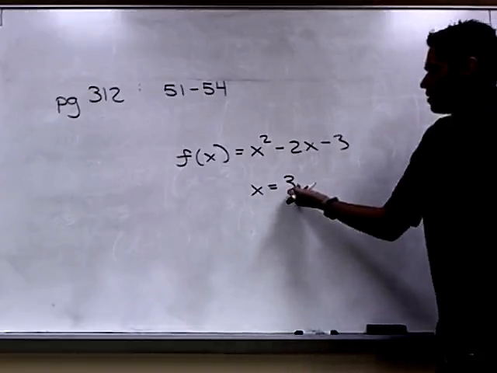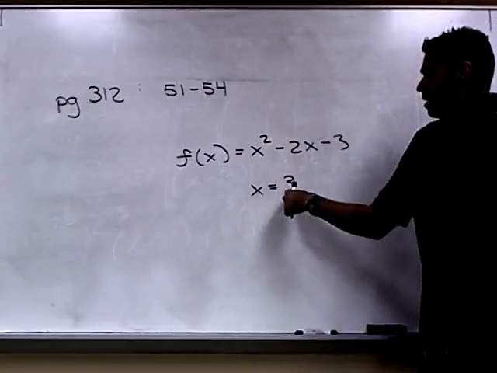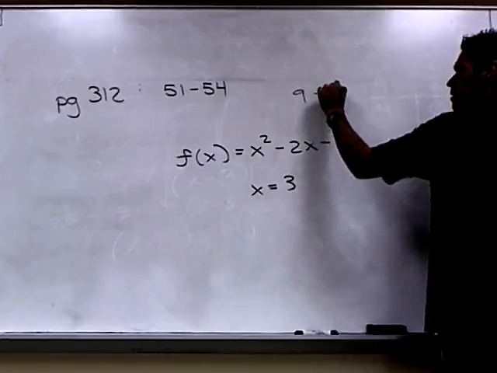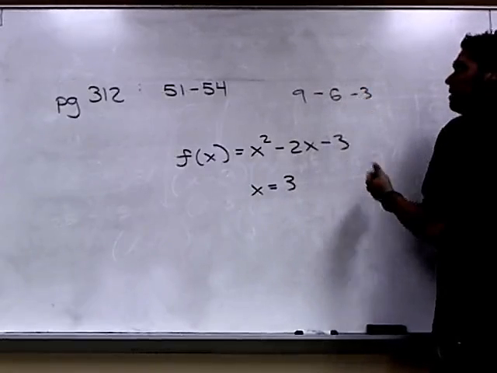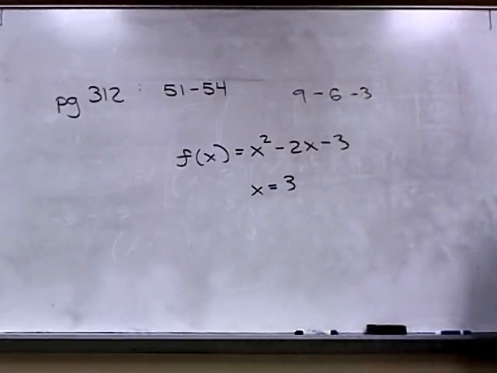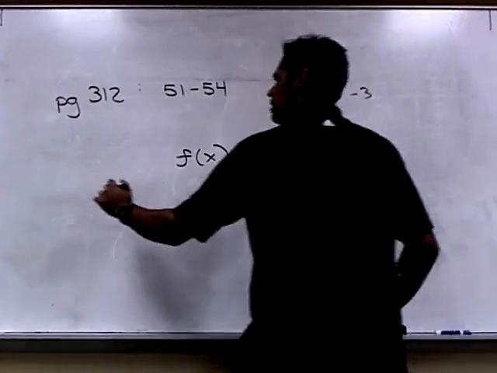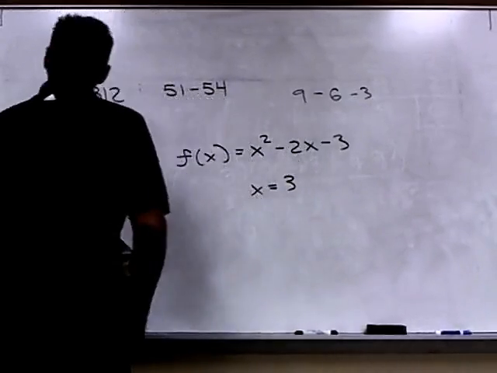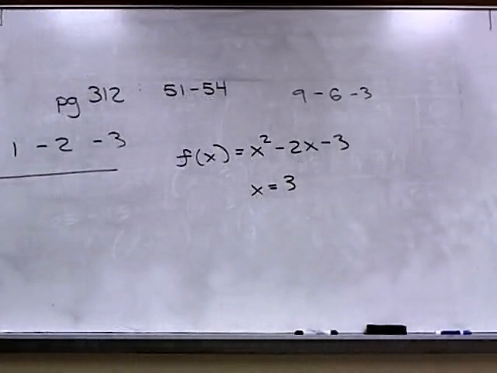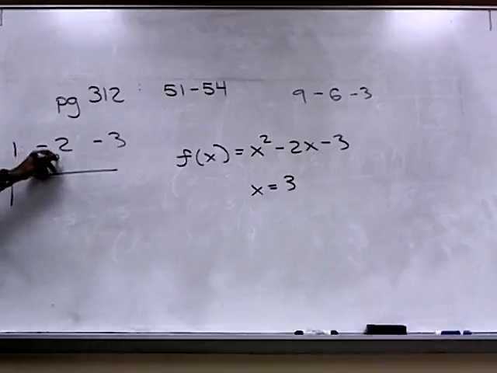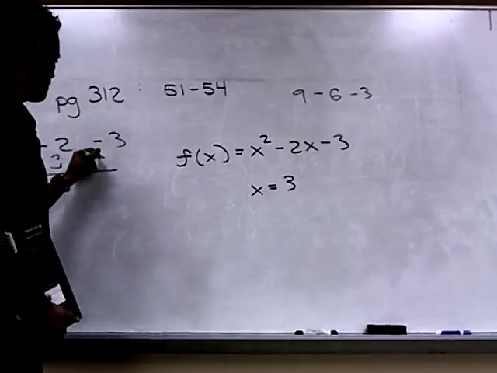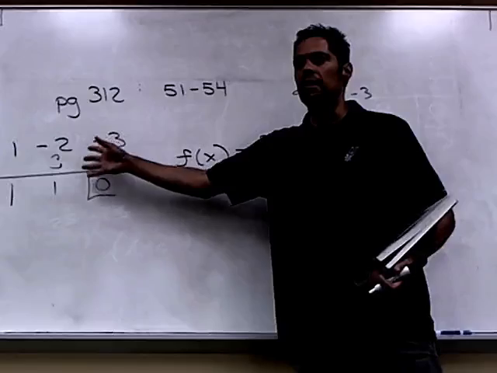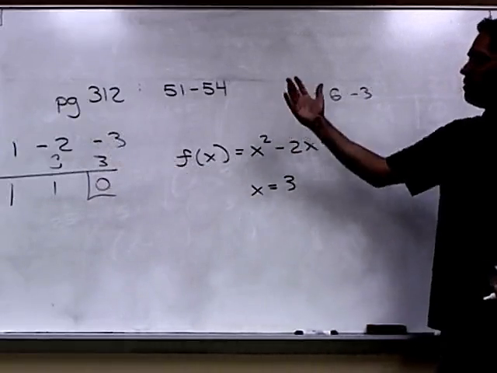If we plug x equals 3 in here, we get 9, take away 6, take away 3, that's 0. That's not what they're asking for. What they're asking for is to do synthetic division, put 3 out here, and show that when you do this, you get a remainder of 0. It's just practicing doing this. That's all it is. Just a couple problems like that.